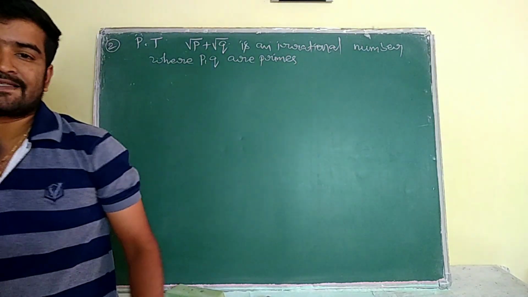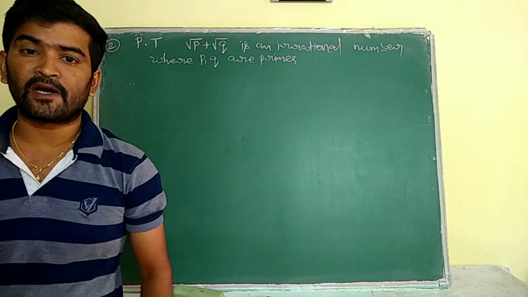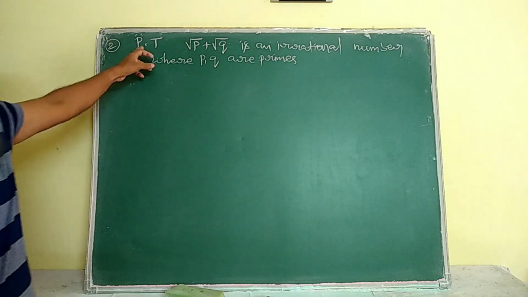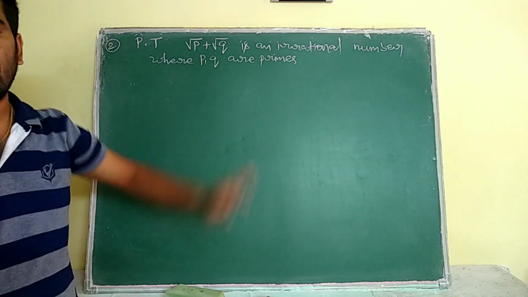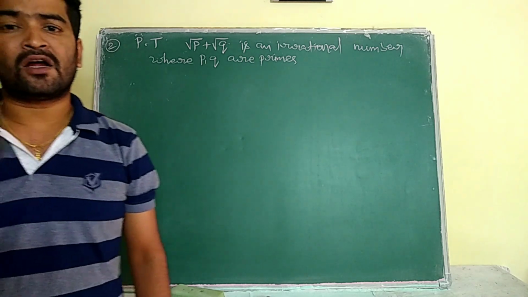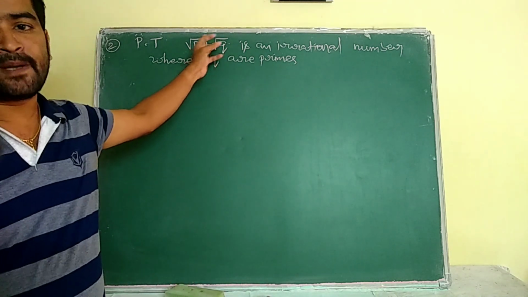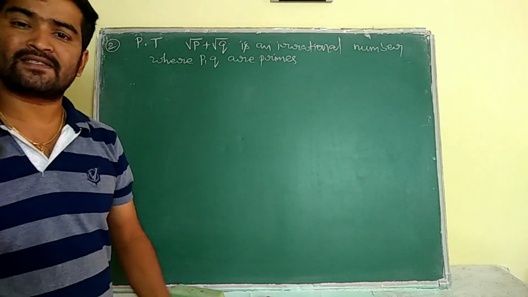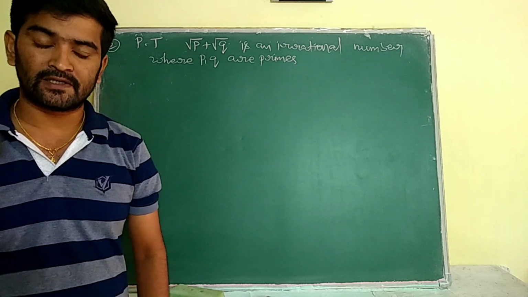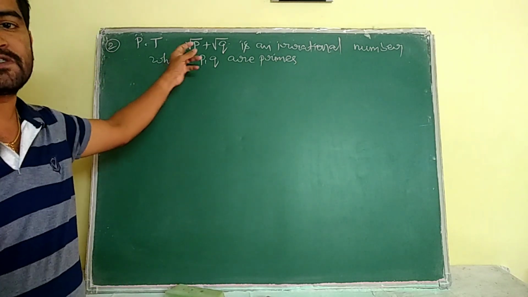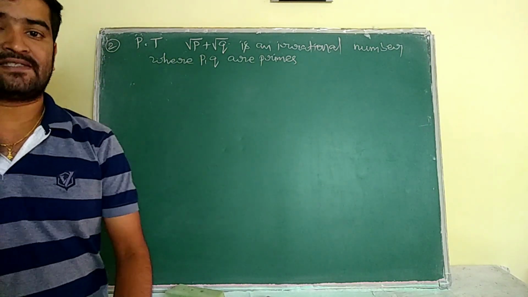Now, see, the second section of the exercise 1.4. He asked us to prove that root p plus root q is an irrational number where p, q are primes. Now, as we know that root p plus root q is actually an irrational number, but he asked us to prove, then we have to choose the proof by contradiction method. For that, firstly we have to assume this root p plus root q as a rational number.